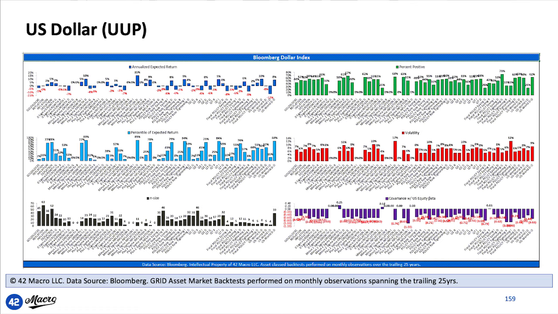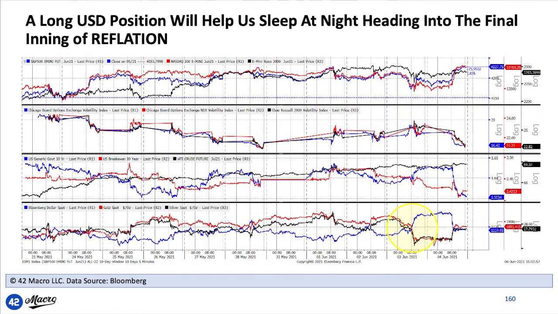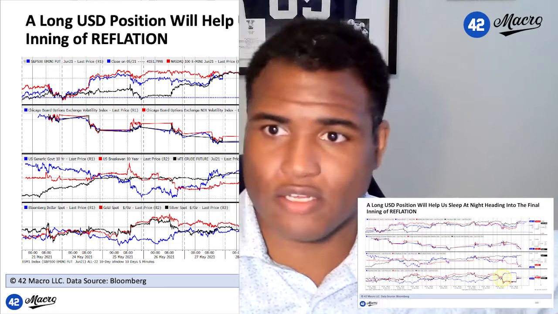But the one thing that I observed, again, going back to the Mandelbrot, noticing particular things at particular times. On slide 160 here, you look at what happened to the dollar on Thursday on the ADP print. I don't know what data point is going to cause the Fed to really materially change, or Jay Powell to change his tone. Again, I think the tone change is the second half of the year, earliest late July, latest sometime in September pivot.